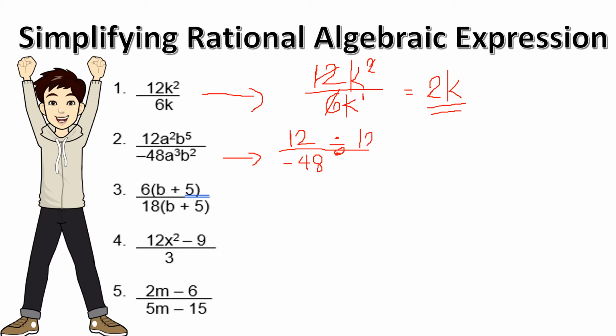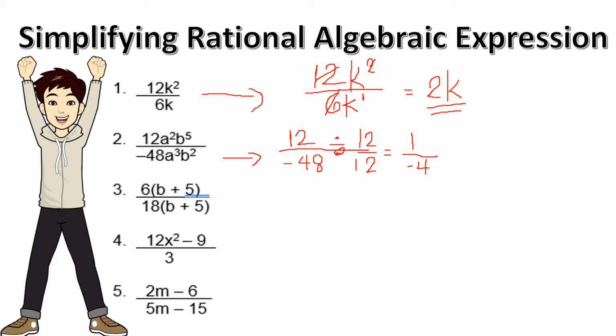Kaya 12 ang gamitin natin divisor. Common divisor. So dapat common. So pwede natin i-divide sa 2, sa 6, sa 4, pero kailangan highest possible value na yung gamitin natin para hindi tayo magpaulit-ulit ng division. So we have 12 divided by 12, the answer is 1. Then 48 divided by 12, the answer is negative 4. So this is the simplest form of 12 over negative 48.